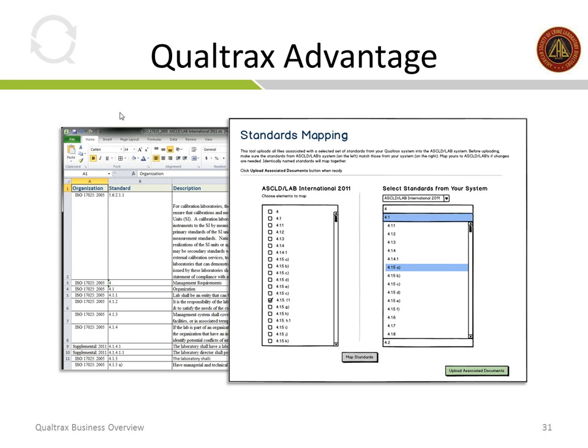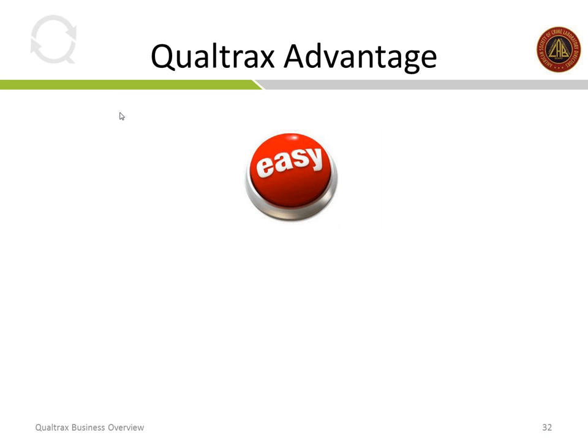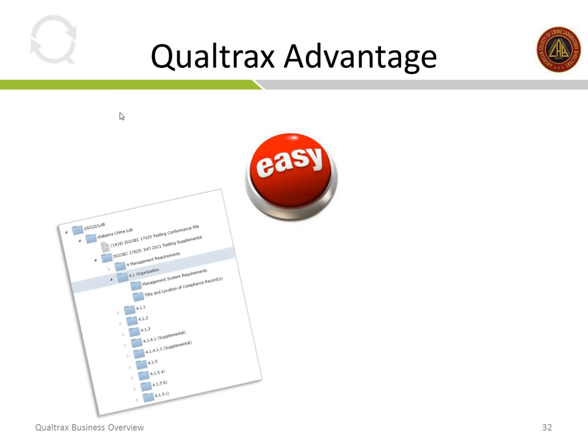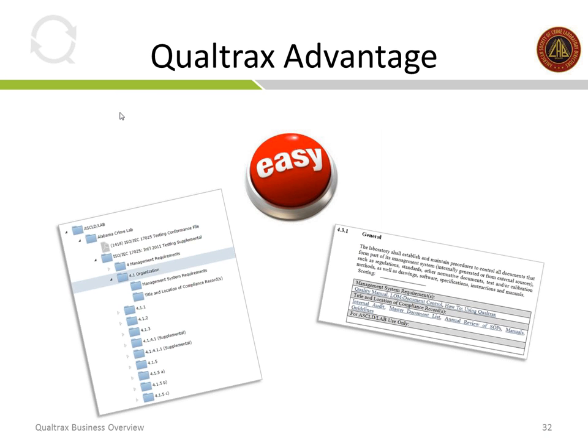So standards mapping will let you align your documentation, and the point of that is going to be you'll have more or less an easy button where it will take the documents in your system and automatically port them into the appropriate folders on the ASCLD Lab portal based on those standard associations. And again, that will automatically fill out the conformance file.